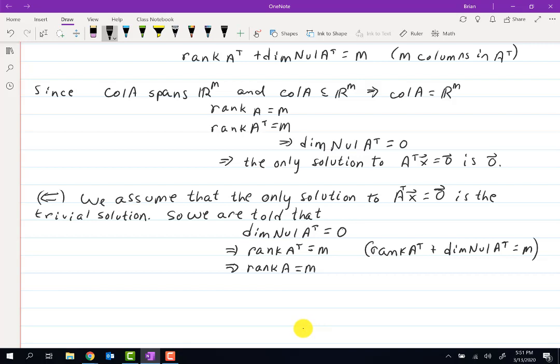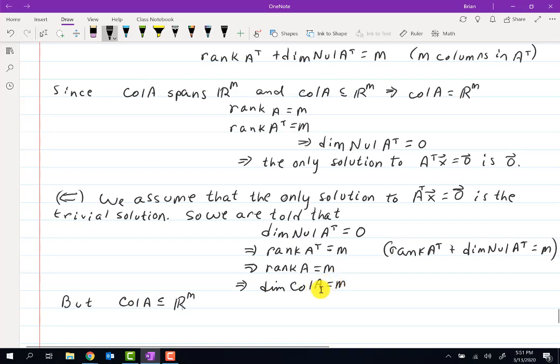But here then, this implies that the dimension of the column space of A equals m, but the column space of A is a subset of R^m, and it has the same dimension as R^m. So we have no choice but to determine that the column space of A equals R^m.